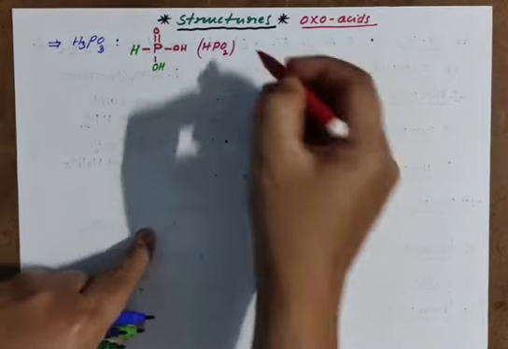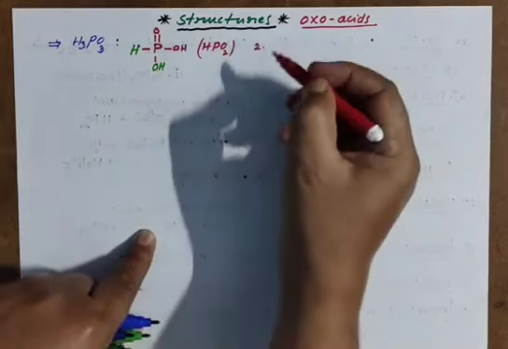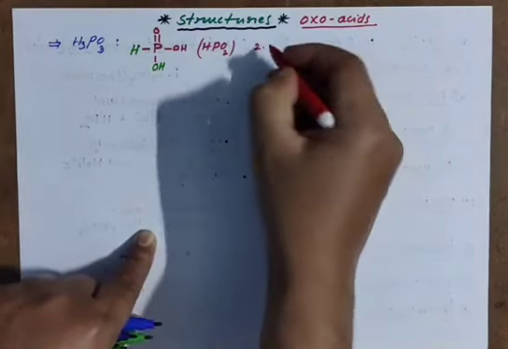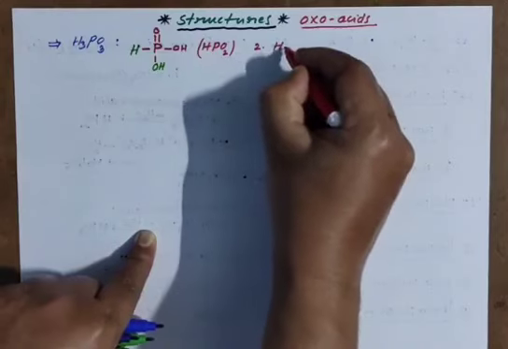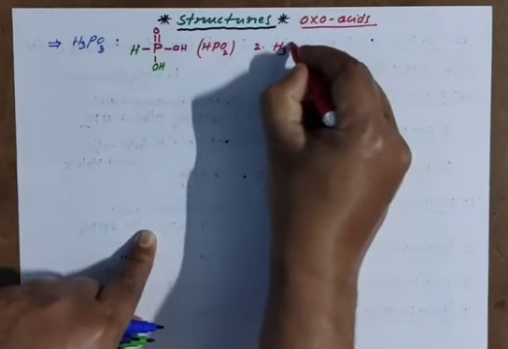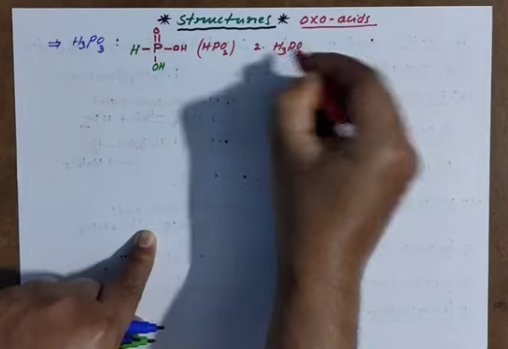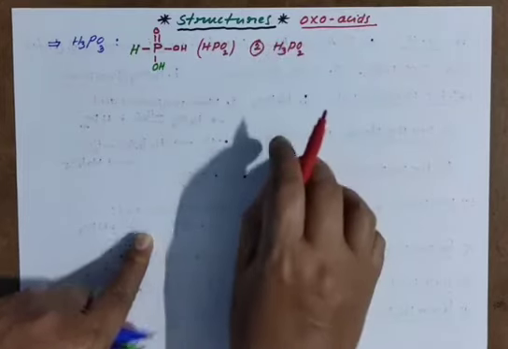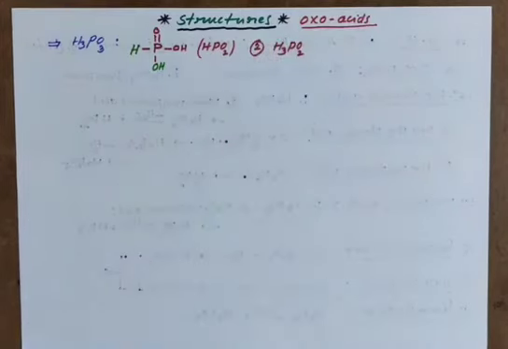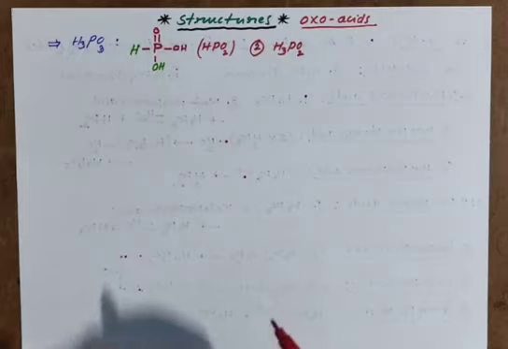Next, another structure I am going to draw: H3PO2. What is the name of H3PO2? We learned it already: H3PO3 is phosphorus, and H3PO2 is hypophosphorus acid. What did I tell you?